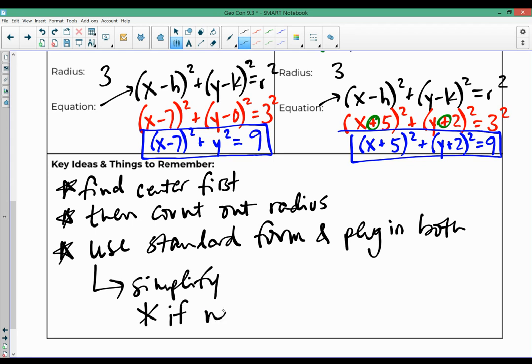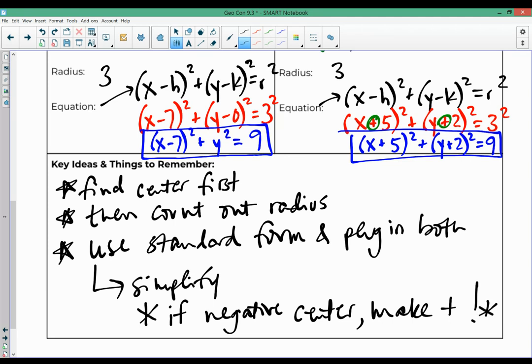If there are negative values in the center, you have to make them positive. I think that's the thing to remember there.